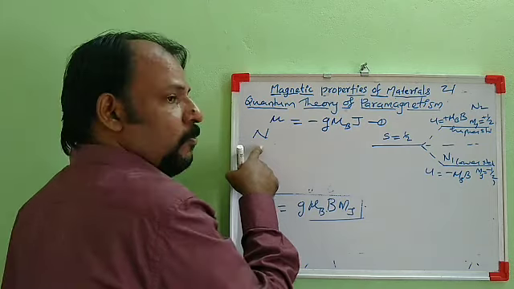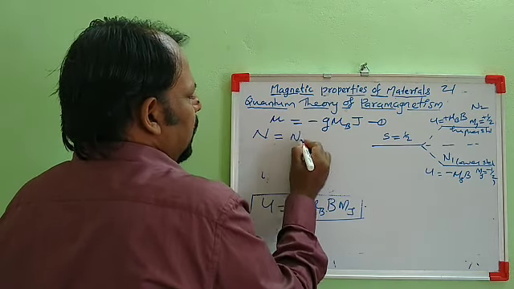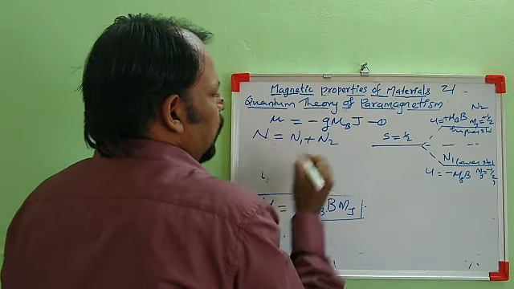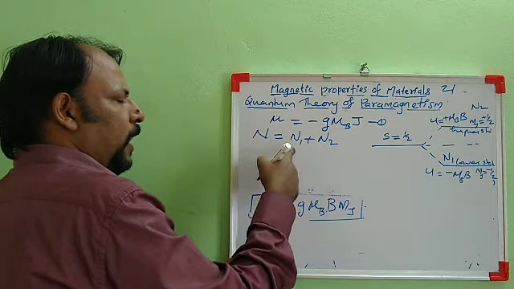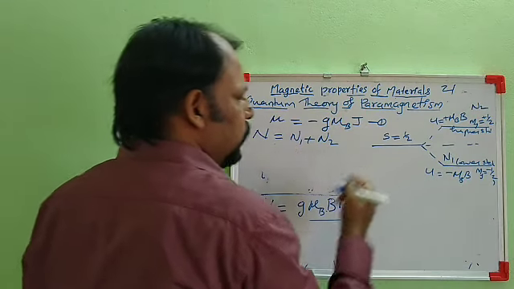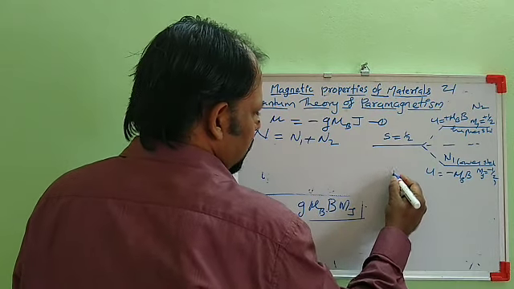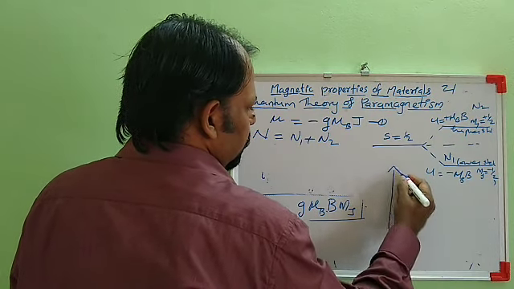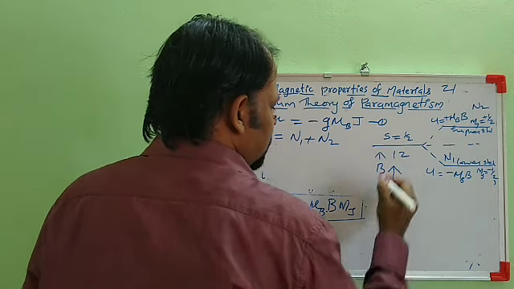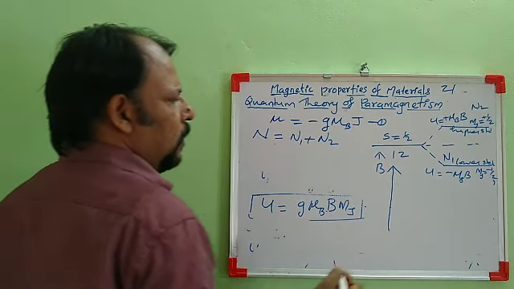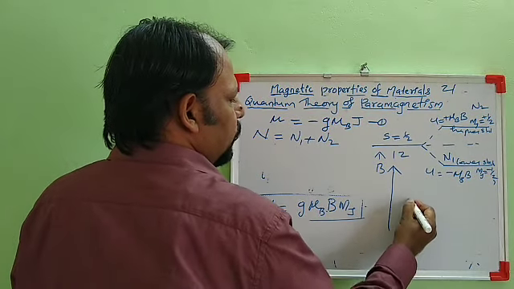So if we have N number of atoms per unit volume, then I can write N equal to N1 plus N2, where N1 is the population number of atoms in lower state and N2 is the number of atoms in higher state. When we consider the lower state, this is the Z direction, which is the direction of external magnetic field, and now consider a dipole with its orientation.